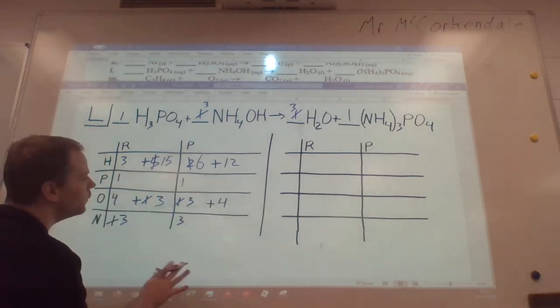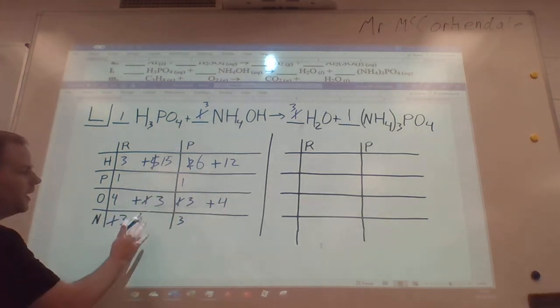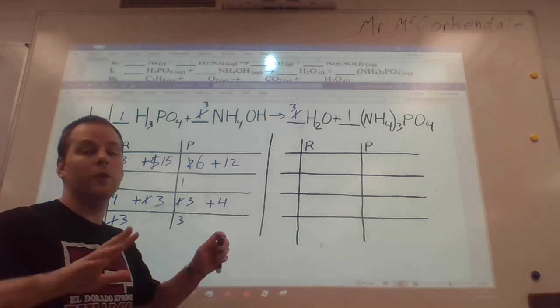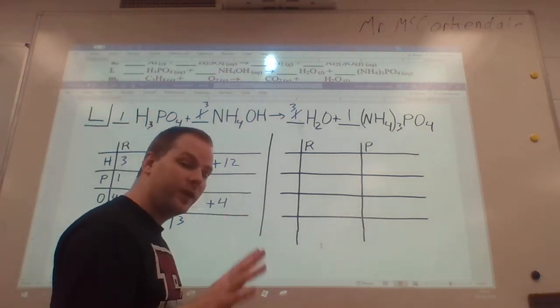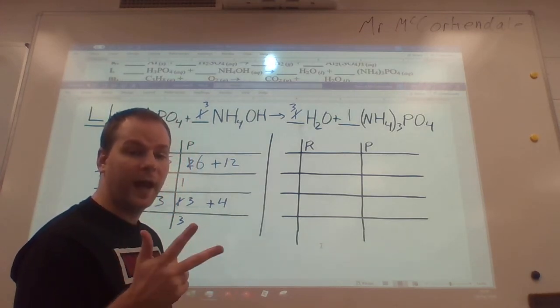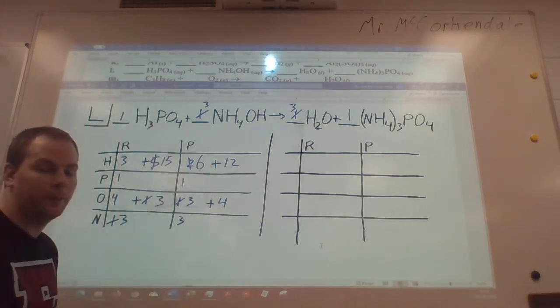Now this is a useful tool, but when you have this many split elements, this table can get a little confusing as well, which is why I'm going to show you another option. This is particularly helpful for, like I said, K, L, and R, because K, L, and R all have this same problem, where you have a lot of stuff that's split up.